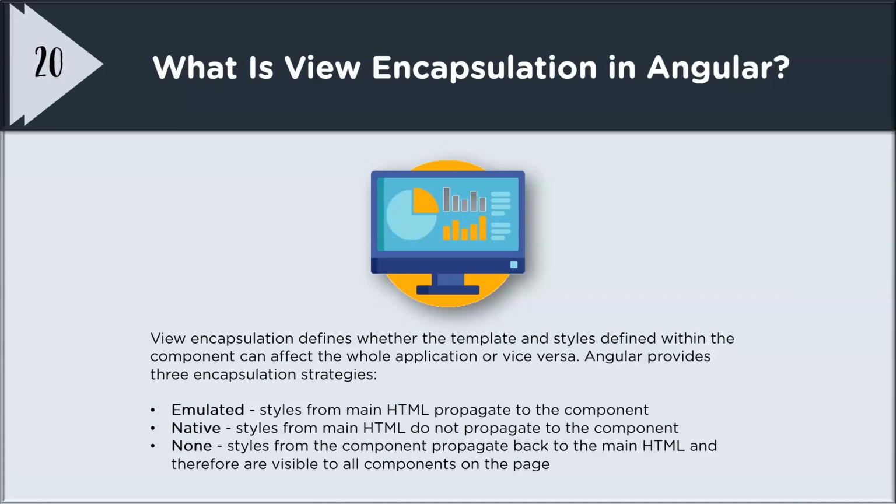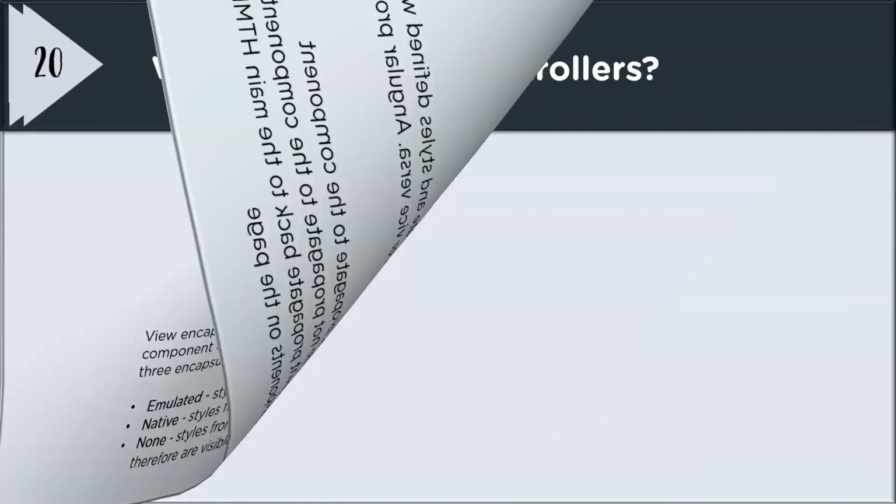Then there is native, which indicates that the styles from the main HTML do not propagate to the component, meaning it does not affect the component. And lastly, there's none, which means that styles from the component propagate back to the main HTML and therefore are visible to all the components on the page. This indicates the different types of changes and how they affect the entire application.